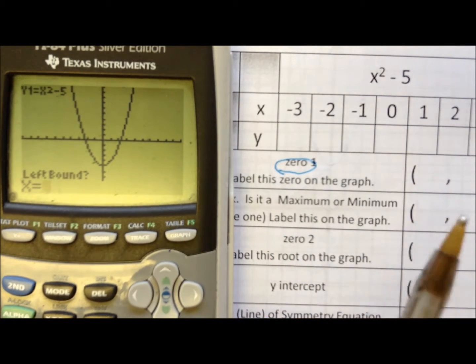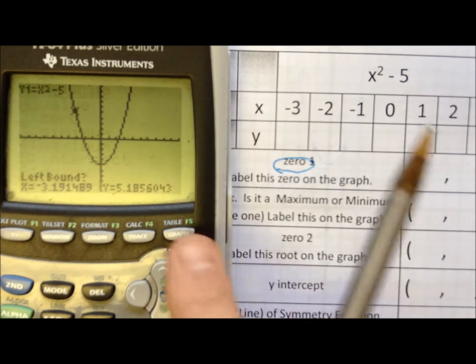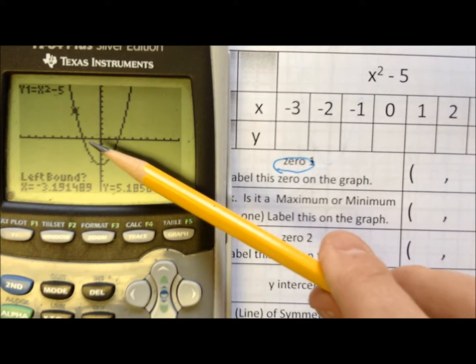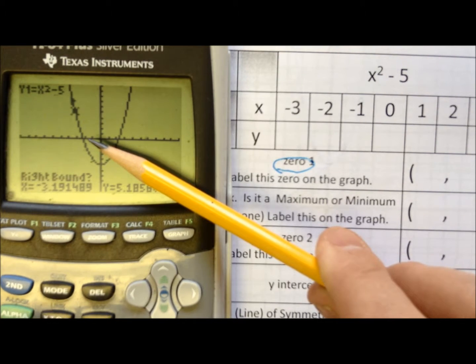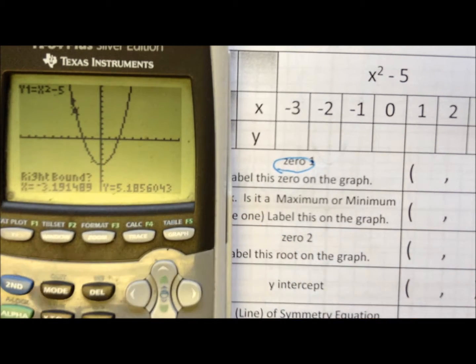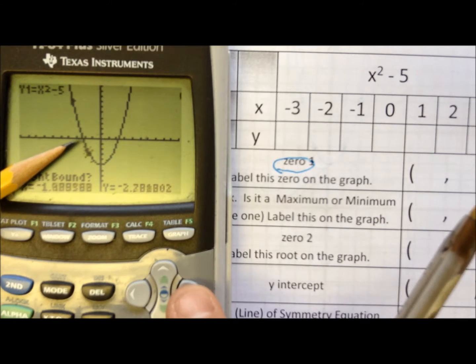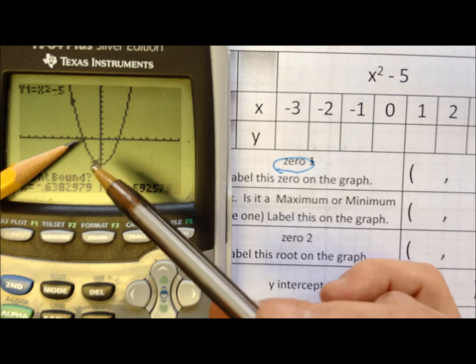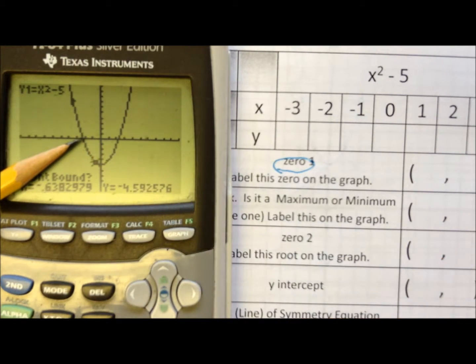Oops. Hit something accidentally. Let me start again. Second trace, zero. Is that left? Okay. So if it is, just press enter. And then it's going to ask, okay, well, what about the right of this target? So now we're going to move the cursor so that it's clearly to the right. Do you agree that this blinking light is to the right of my pencil point?